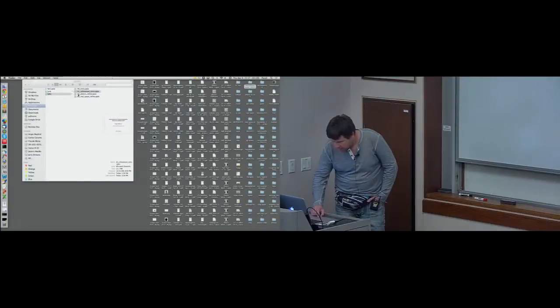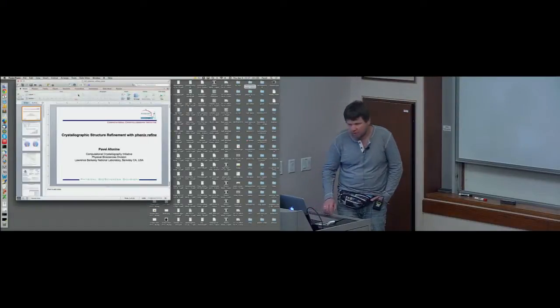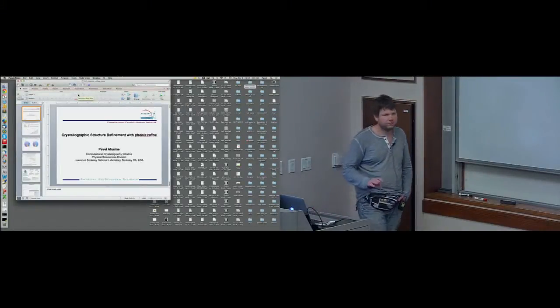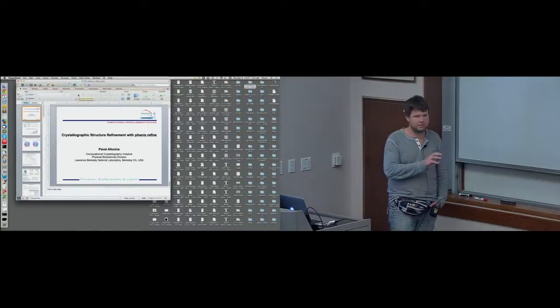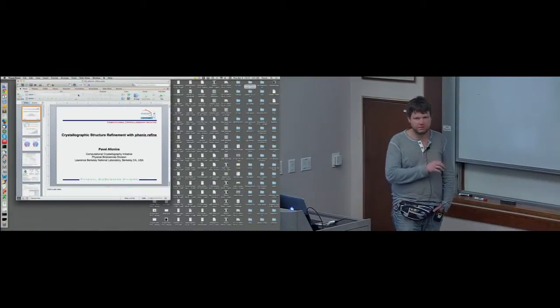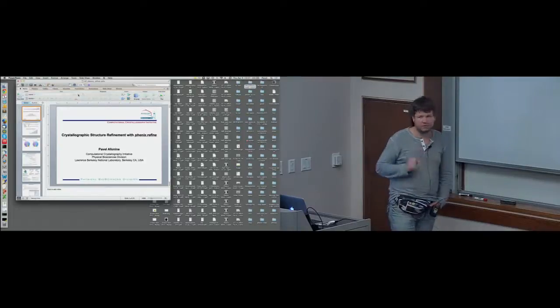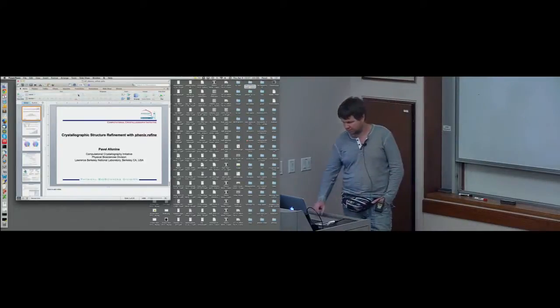Okay, next I'm going to talk about a very relevant thing, Phenix.refine, where all these fundamental ideas about structure refinement are actually implemented in a Phenix refinement tool that is available to everyone who has Phenix.